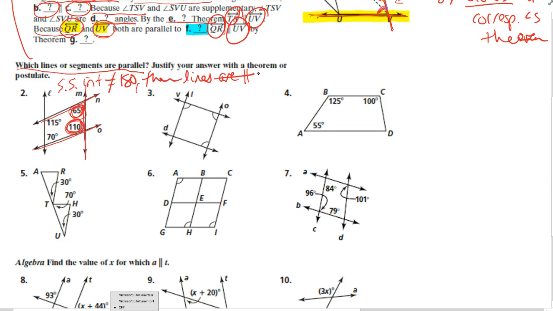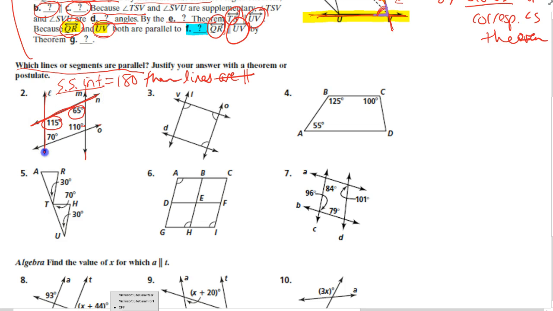Okay, but let's look at a different set of lines. Watch this. If I circle 115 and 65, you already know that that equals 180. So as long as they're same side interior angles, then I do have parallel lines. Well, here are the lines that form these two angles.